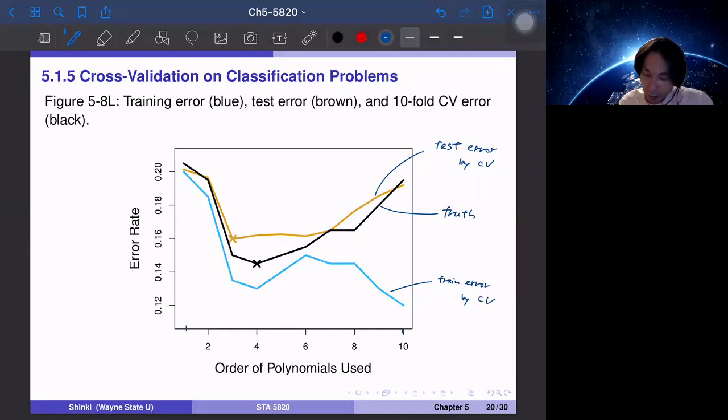So training error gets smaller, basically. No, not really. Blue, training error CV. Yes, the training error.